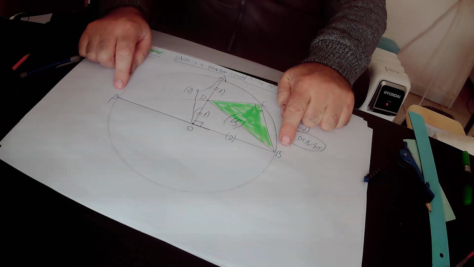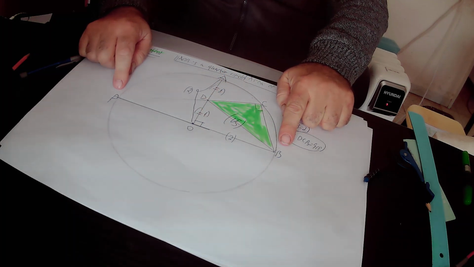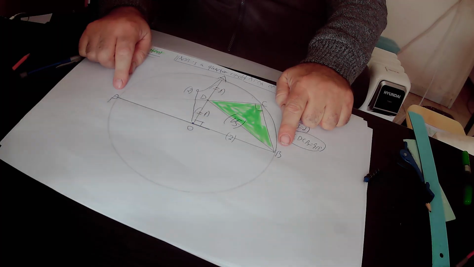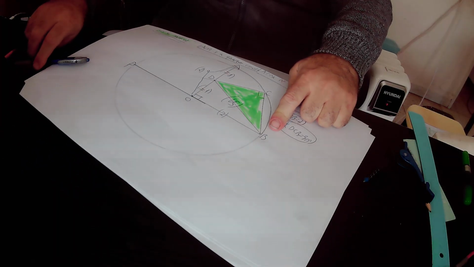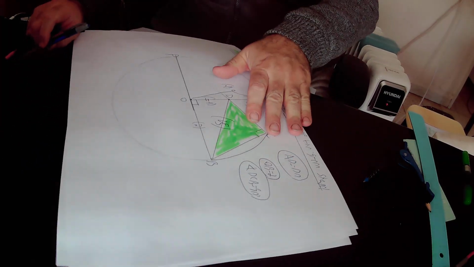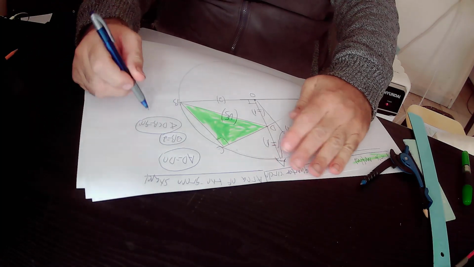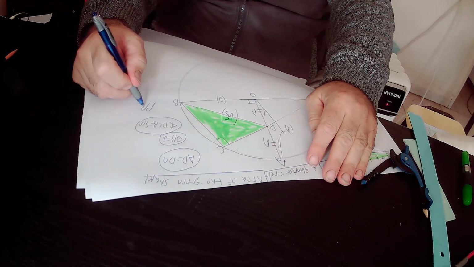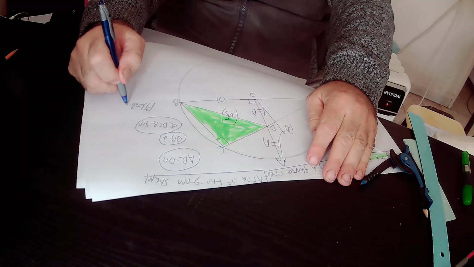We know that any chord that passes through the center of the circle must be the diameter of the circle. And therefore, chord BP is the diameter of this circle. So, write it down. Chord PB is the diameter of the circle.